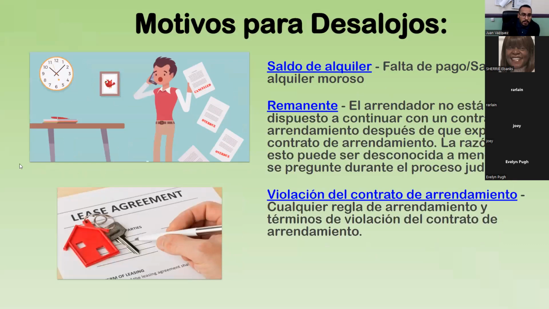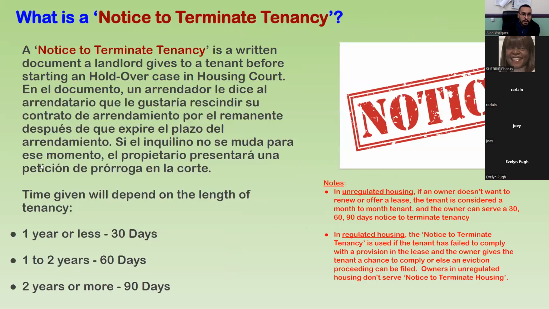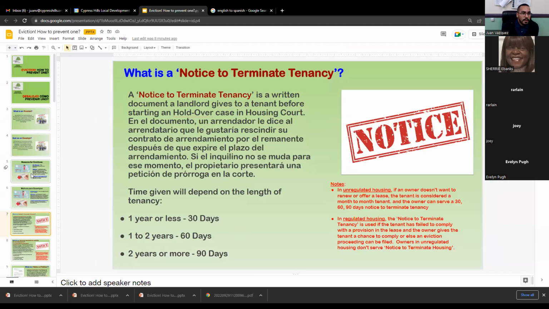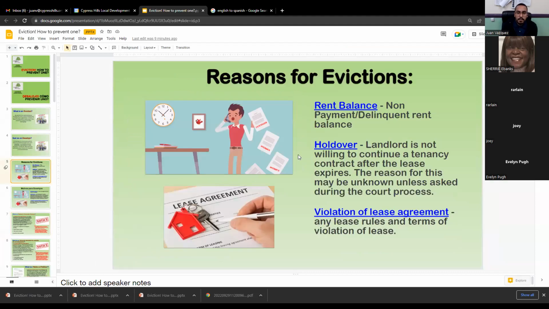Another reason, oh, sorry. Let me see if I can go back. And if not, sorry about that. Let me just do it this way then. During the holdover, the landlord is not willing to continue a tenancy contract after the lease expires.